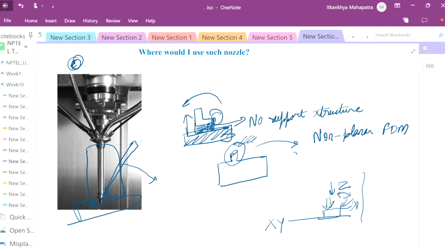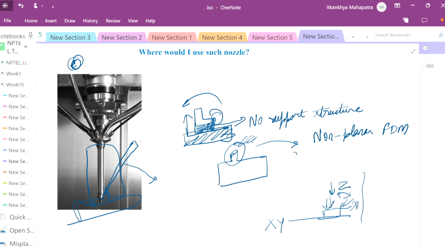So for a particular application only we are using such types of nozzles. Otherwise we won't use them because it will be very difficult to control the function of these nozzles, because all the thermodynamics that is used in the 3D printing process will be different for this type of nozzle.